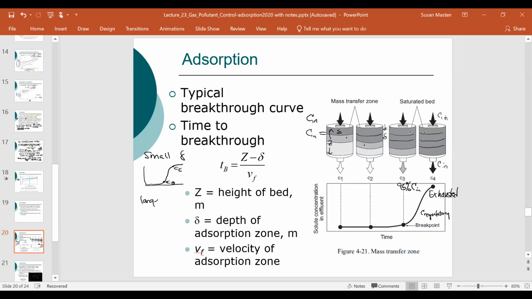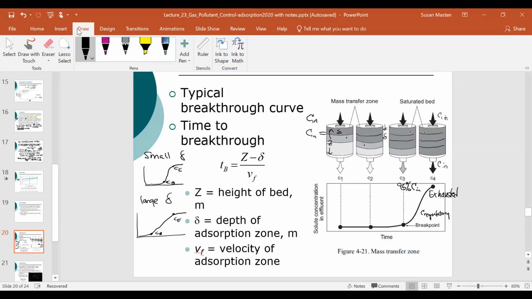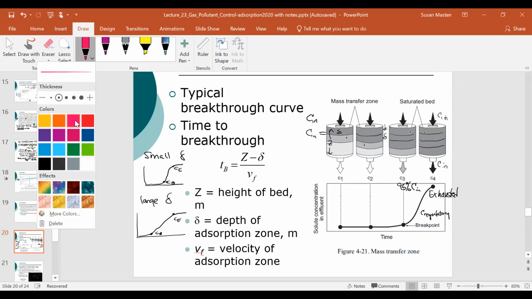If we have a large delta, then we typically will see a much more shallow breakthrough curve. Now the challenge with that, as you can see here, and I'm just going to change colors to try and emphasize this a little bit more.